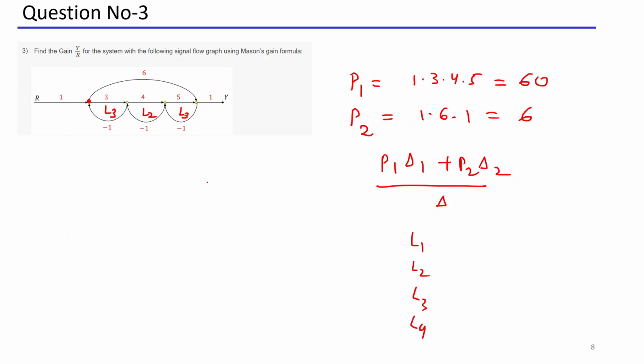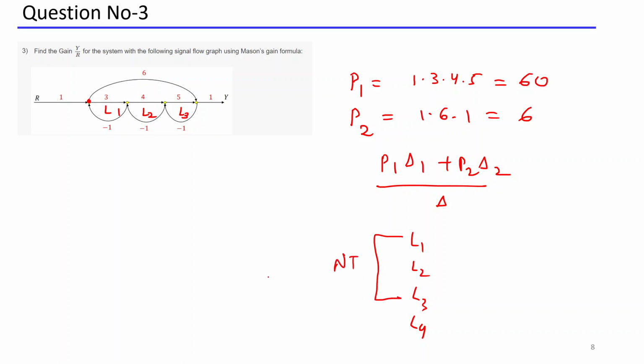So first tell me, out of this L1, L2, L3, L4, which are non-touching loops? L1 and L3, they are not touching. Okay, L1 and L3 are non-touching.